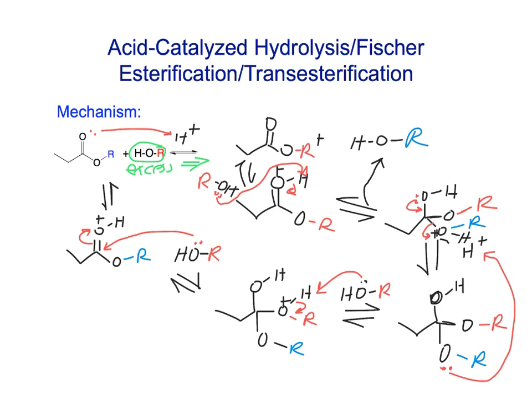If we want to go back the other way, which is really just one of the forward reactions that we did, we had these two as reactants. We didn't want to go back that way. We just use an excess of this alcohol or water. So we always just use an excess of the water or the alcohol, which is the reactant side, and that will drive the reaction towards the products. It will shift the equilibrium towards the products.